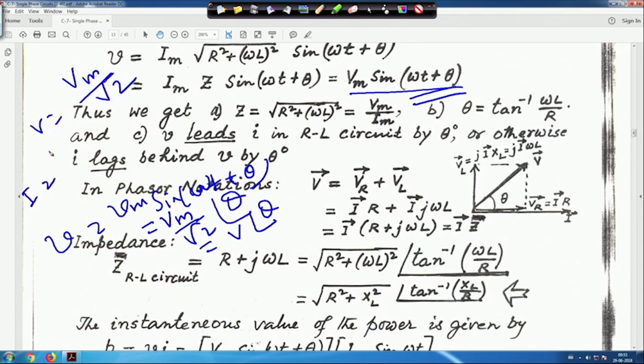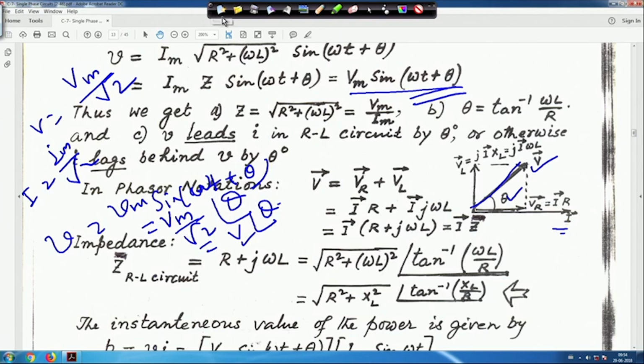Similarly I is equal to Im by root 2. So here the angle is theta and theta is positive. That means current I is lagging the voltage V by an angle theta, or V is leading the current I by an angle theta, right.